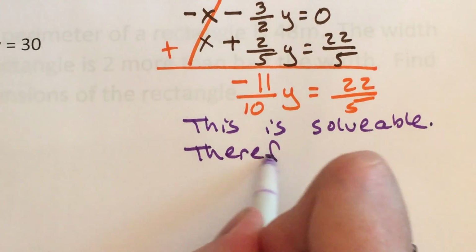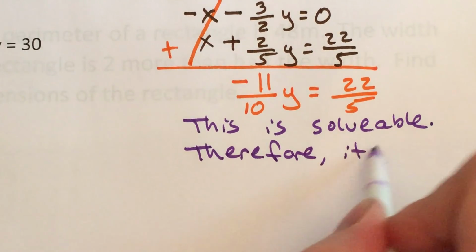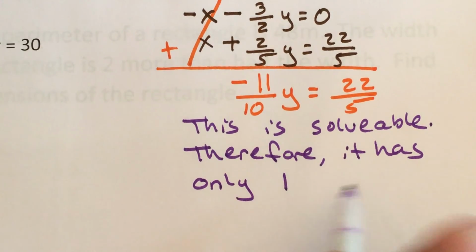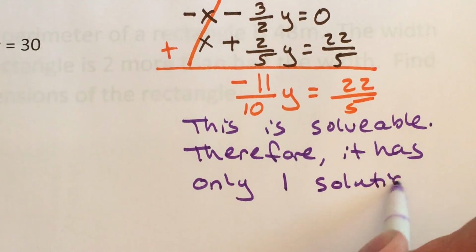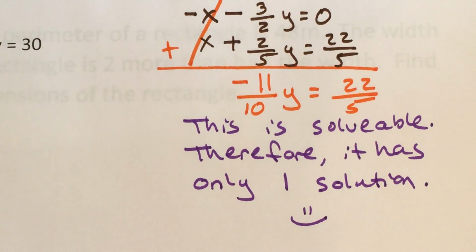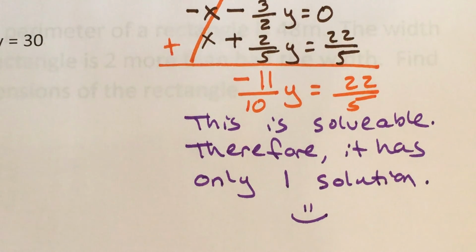Therefore, it has only one solution. And that's really all we want to know. So, see if you can go tackle number 6 and number 7. Pause the video and I will help you if you get stuck.